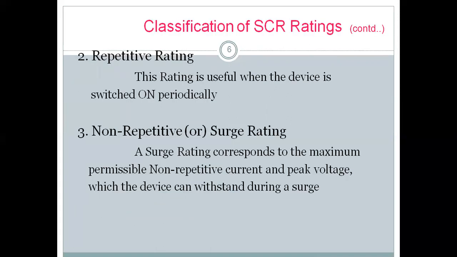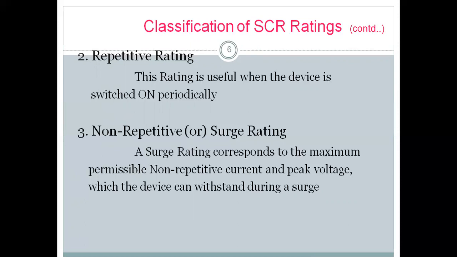Then coming to the repetitive rating, this rating is useful when the device is switched on periodically. And the third type is non-repetitive.